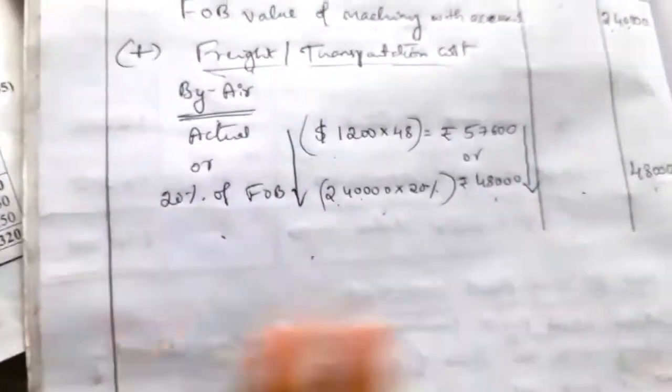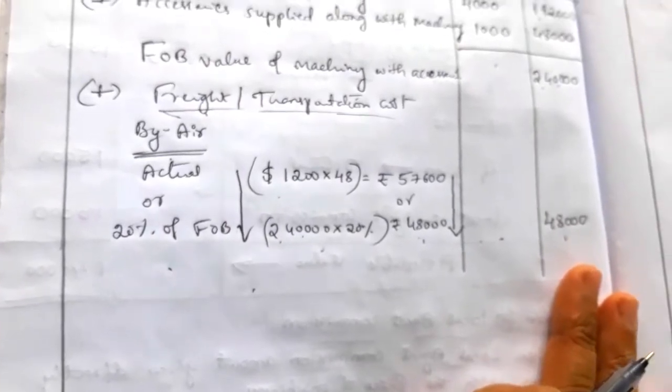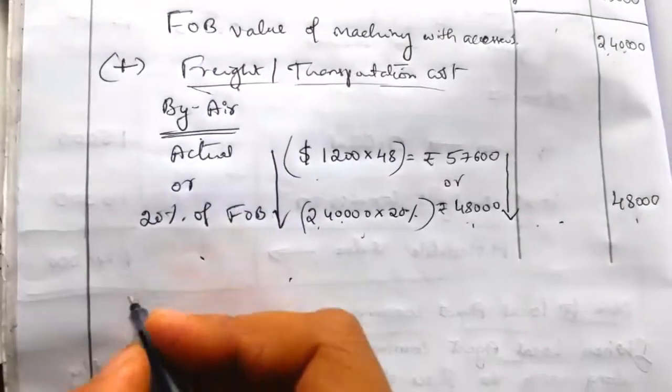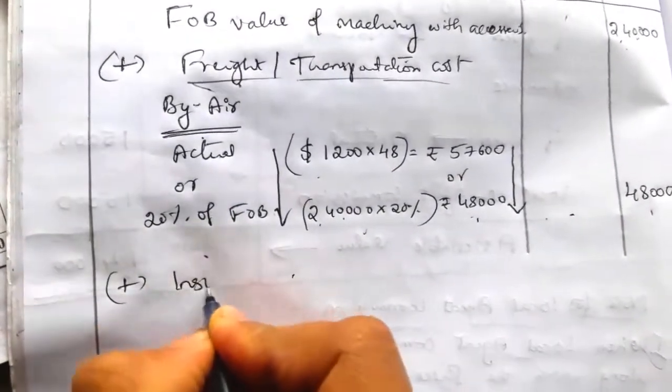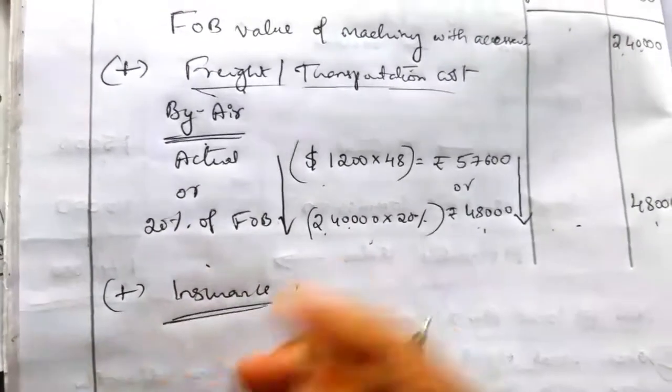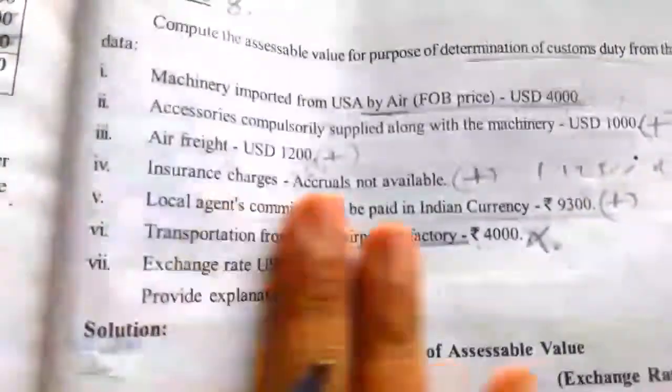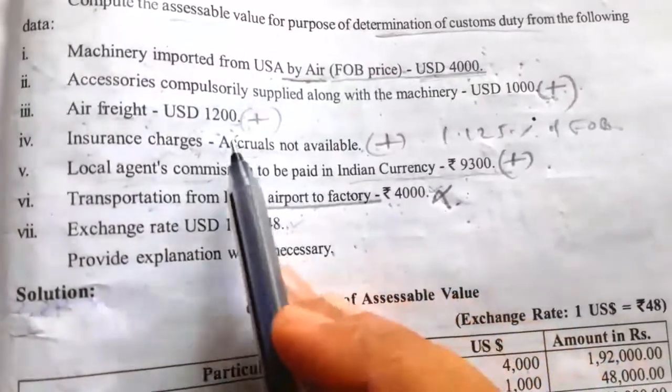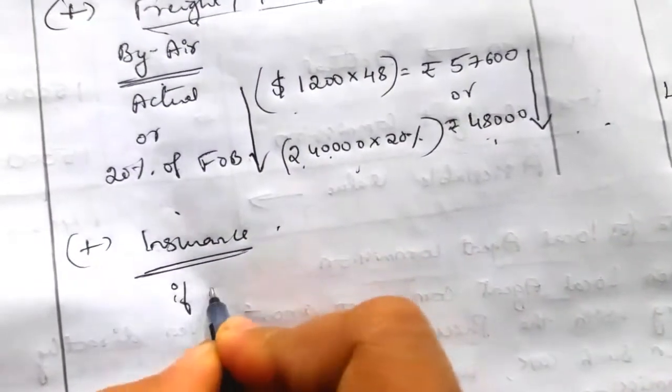Next after the freight or transportation cost, we have to add the insurance. Whether given or not, we have to take the insurance value. Here in this illustration, the insurance details are not given. So if not given, what do we have to do?